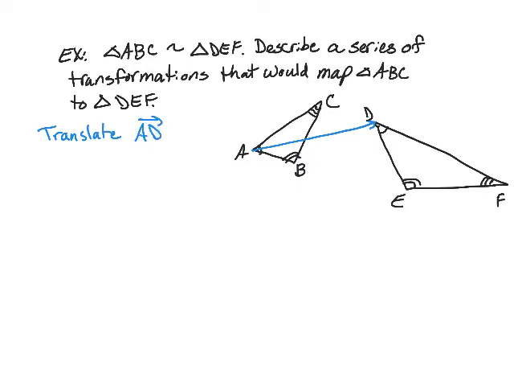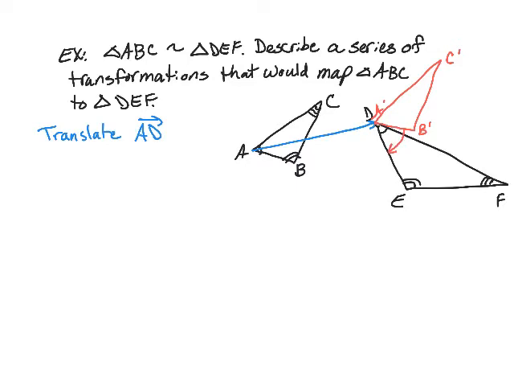So if I were to sketch that, okay, that would kind of be B prime, that would be C prime, and that would be A prime there because it's moved. So the next thing I'd want to do is rotate. If I rotate this, I want A prime, B prime to line up with DE.